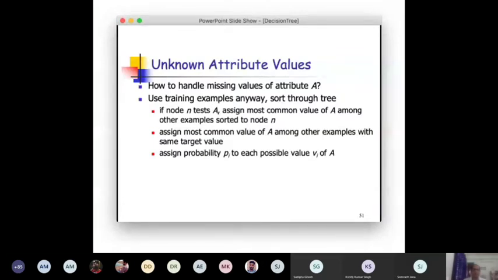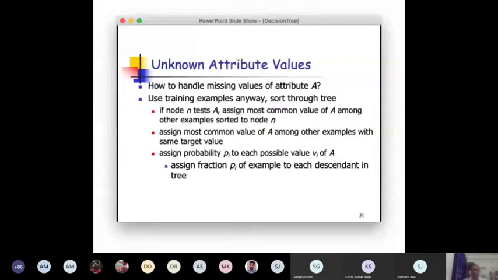Okay. So you can assign probability pi to each possible value of A, and then you consider the fraction pi of the example to each descendant node in the tree.